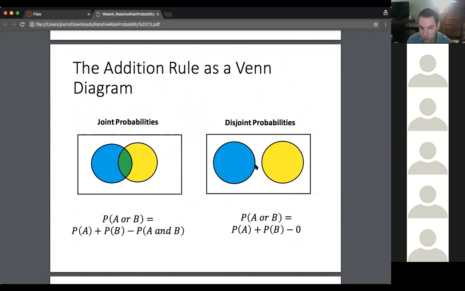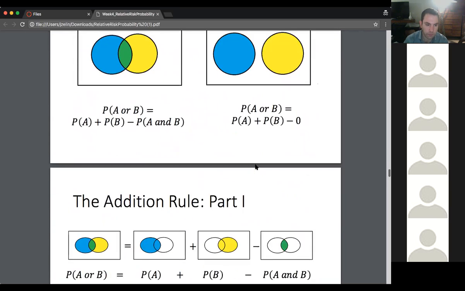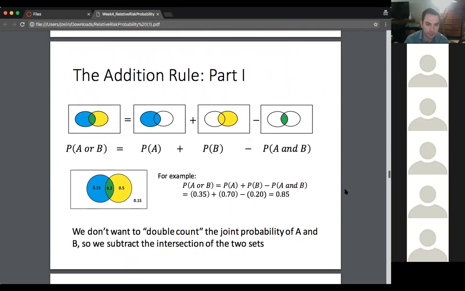Here you have a disjoint probability. So you don't have any region where there's a probability of A and B. So since that is equal to 0, your probability of A or B is simply the probability of A plus the probability of B because you have no overlap. And here is just describing that in more detail and explaining the concept that we don't want to double count that joint probability.